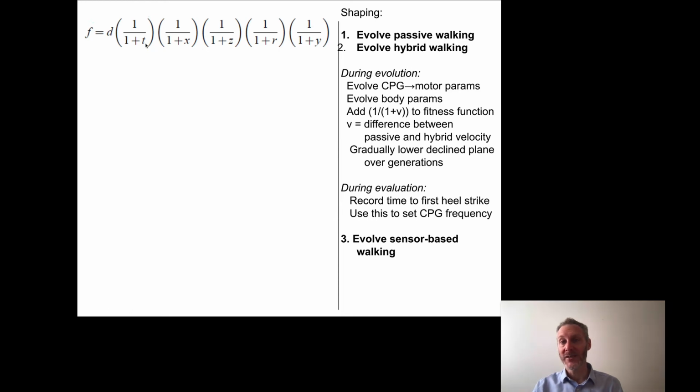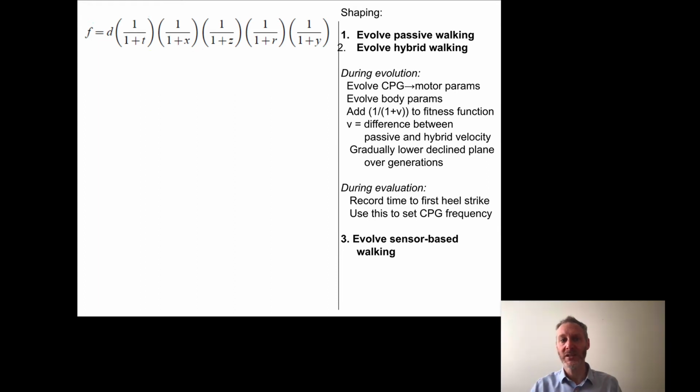T sub 1 is the amount of torque required when the robot starts moving down the declined plane. And T sub 2 is how much torque is applied to the robot as it moves as a hybrid walker on flat ground, and so on.